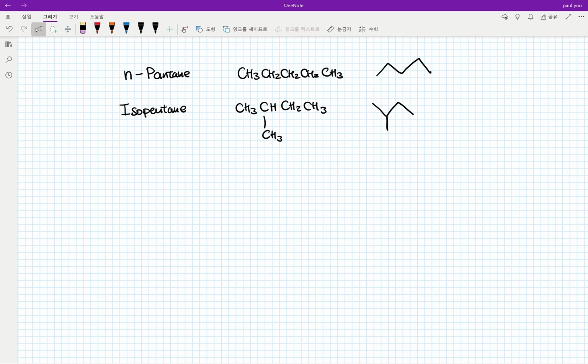And now another pentane named neopentane has a structure of that, and that is how the bond line formula looks for neopentane.